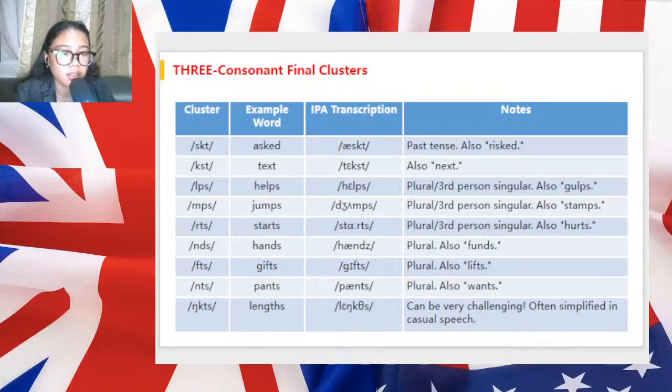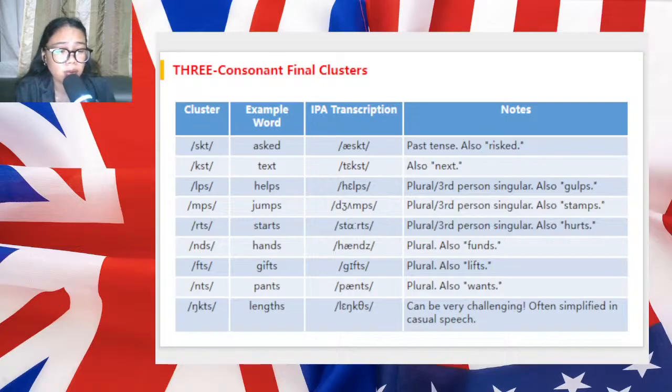So yeah, everyone. That's that. So again, we started by defining what consonant clusters are. Those groups of two, maybe three or even four consonant sounds that appear together. We then systematically explored them in all three positions: at the beginning of the words, in the middle, and especially at the end. And we looked at a wide range of examples.